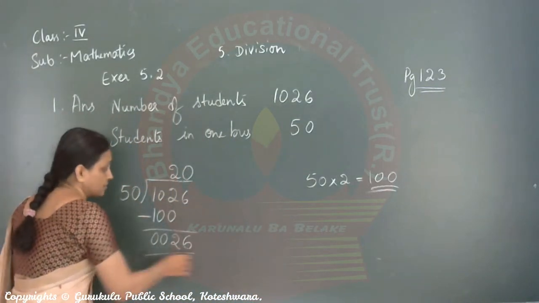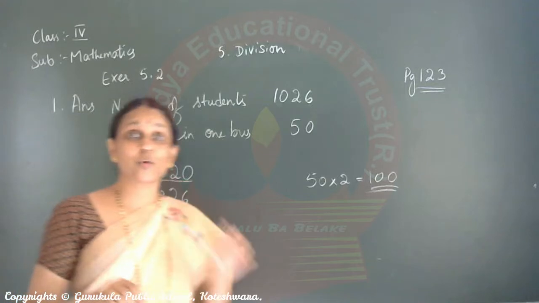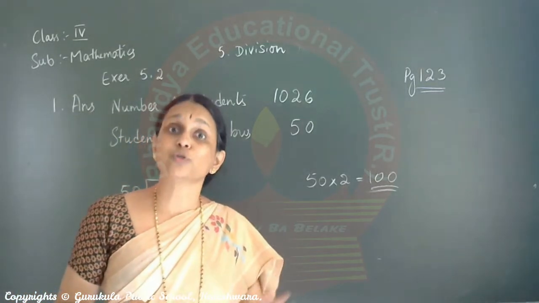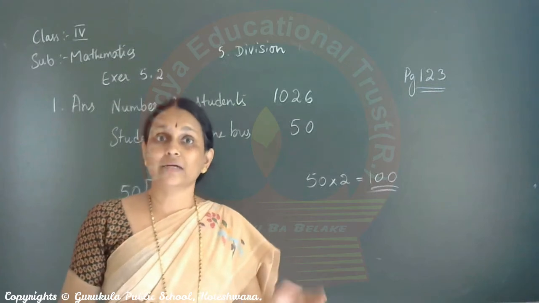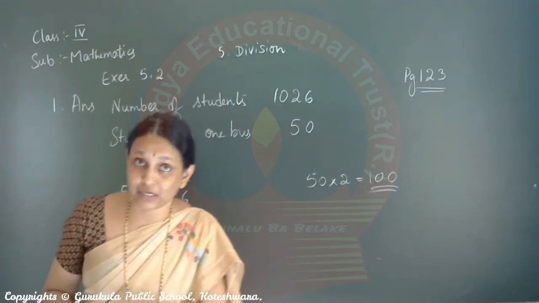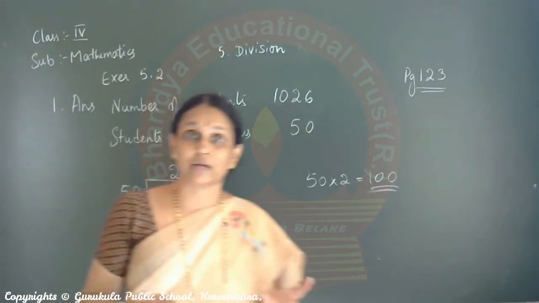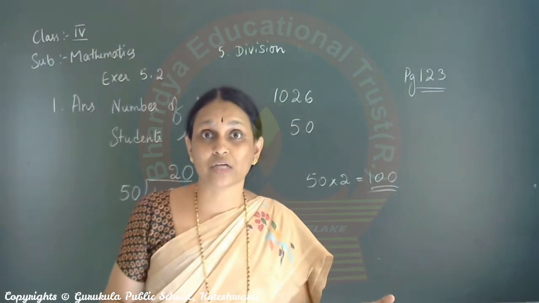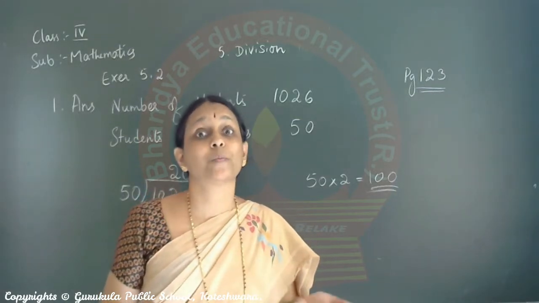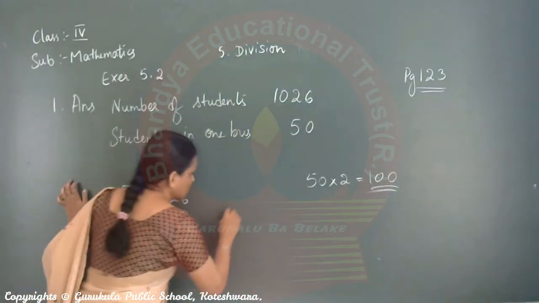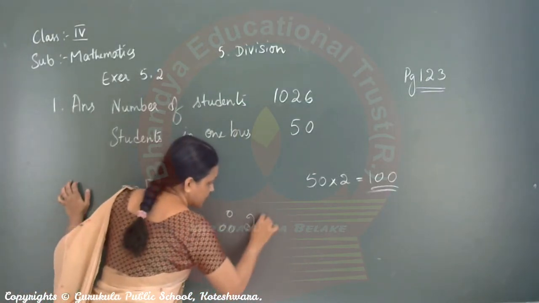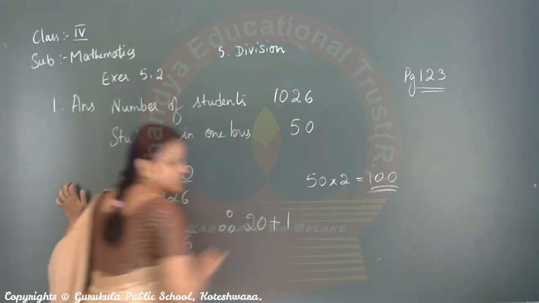Where it is a sum, it is a different case. But here, it is students going on a camp. Suppose you all are going to a picnic or camp and 26 of you remain. In that you are the one. How will you feel? You may feel, why is ma'am not taking me? Just because there is no place in the bus. So, here we have to consider 20 plus 1 bus.